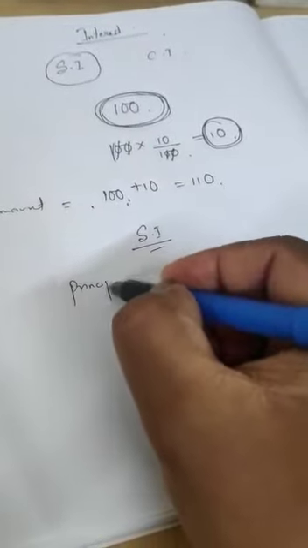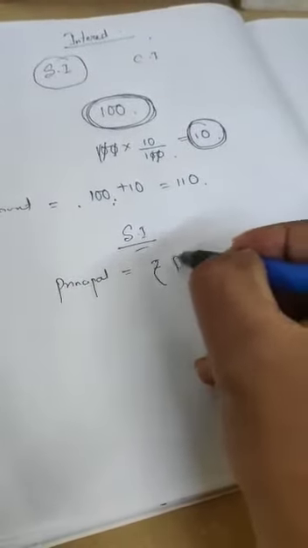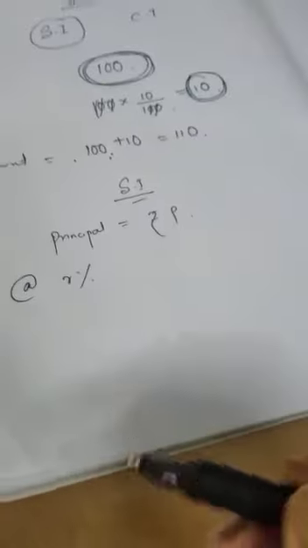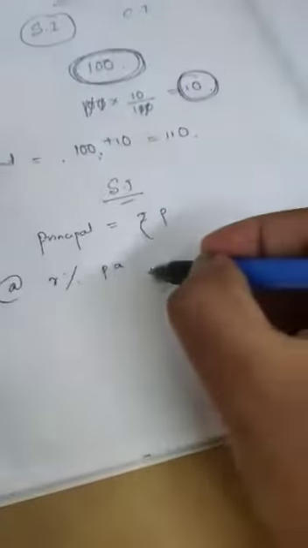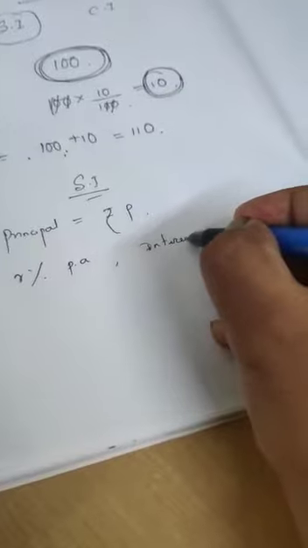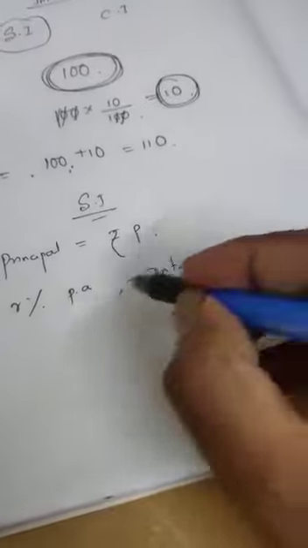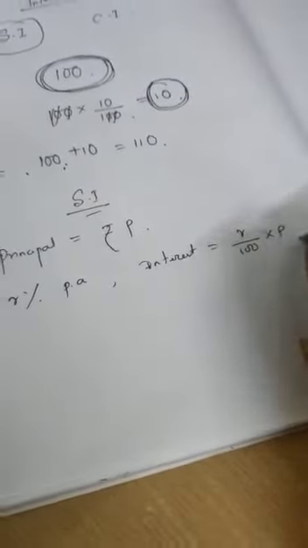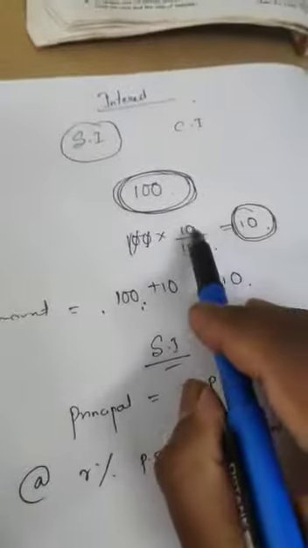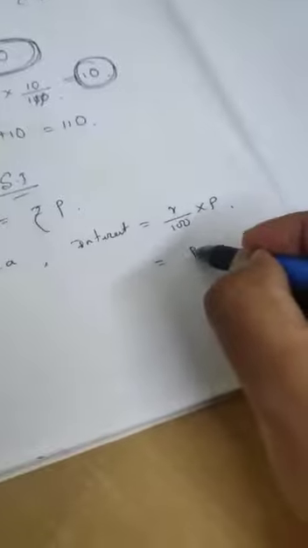That means, say your principal amount is rupees P. Say interest is R%, so at the rate of R% per annum, interest equals R% of principal, like this one, 10% of 100. So same here also, R% of principal, this will become PR by 100.